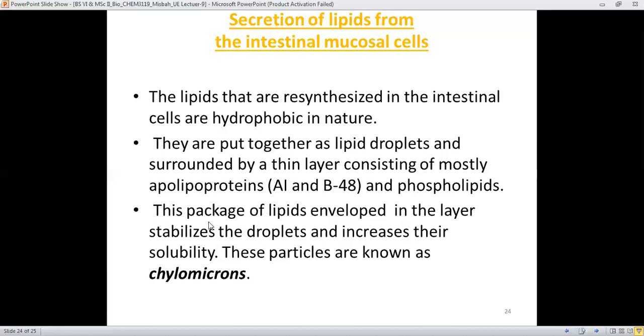And the apolipoproteins, they are combinations of lipids and proteins, and they have an important function through the union of these small lipid droplets. And this package of the lipids enveloped in the layer in fact stabilizes the droplets in order to lessen their hydrophobic character. In this way, these particles are regarded as the chylomicron, and they are absorbed, and their solubility is increased to be taken away by the bloodstream.